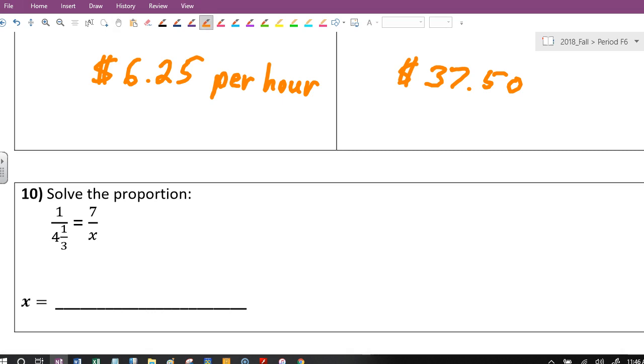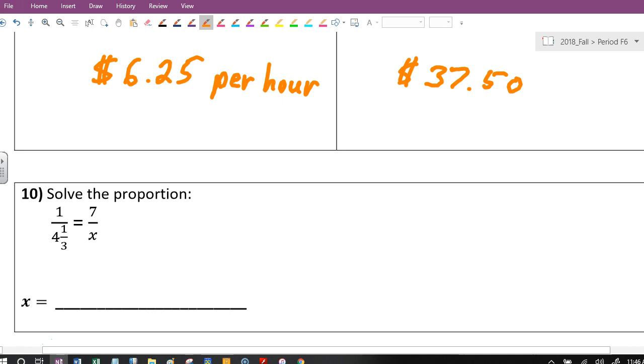Since 1/4 and 1/3 is a complex fraction, you can simplify that. So what I did was I made 4 and 1/3 an improper fraction. Okay. So how many thirds are in 4 wholes?